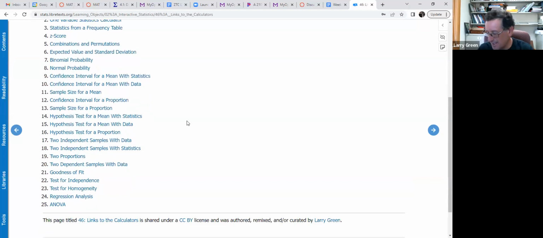Let's see if you can tell me what calculator number I need to click on. I tried to make it easy, so you should be able to just read it and know which one. So what calculator should I use?